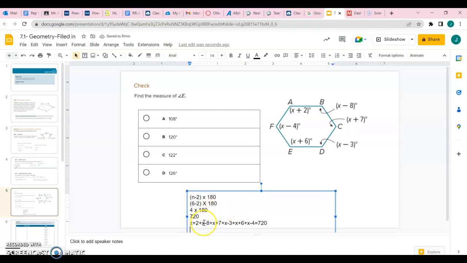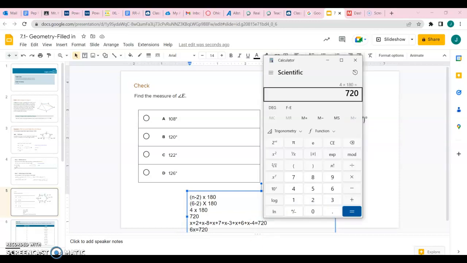I have 1x, 2x, 3x, 4x, 5x, 6x. Now I'm going to combine my other like terms. 2 minus 8 is negative 6, plus 7 is 1, minus 3 is negative 2, plus 6 is 4, minus 4 is 0. So I just have 6x equals 720. I divide both sides by 6. 720 divided by 6 gives me 120.